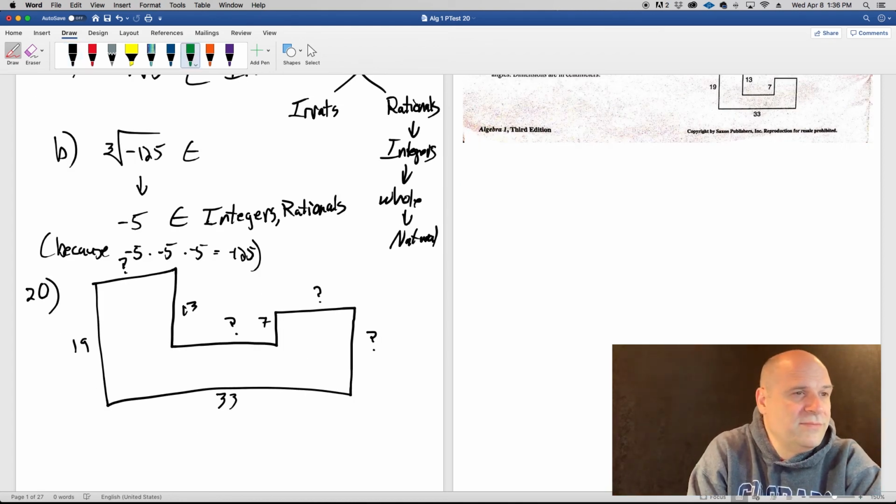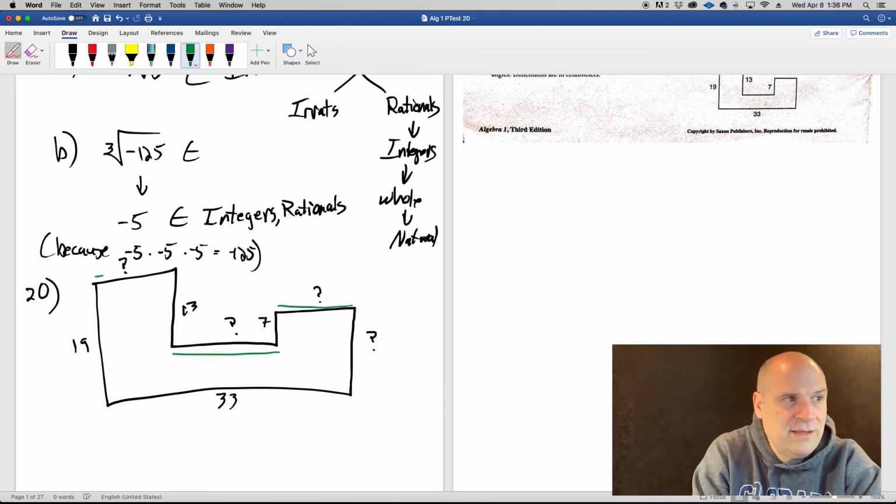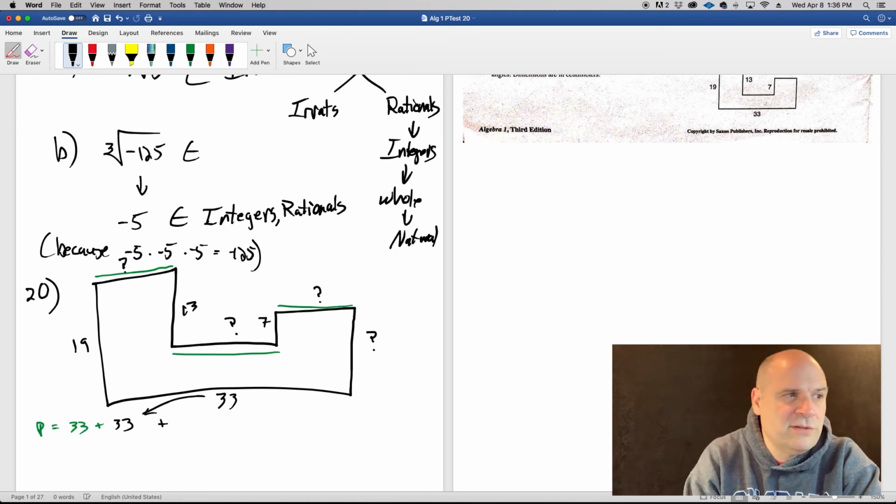Well, let's see if we can figure this out. This will be fun, okay? So if this is 33, that means all of this is gonna add up to 33. So this and this and this have to add up to 33. So we can say that our perimeter is 33 plus this 33. Plus, all right, let's look at our vertical lines now.